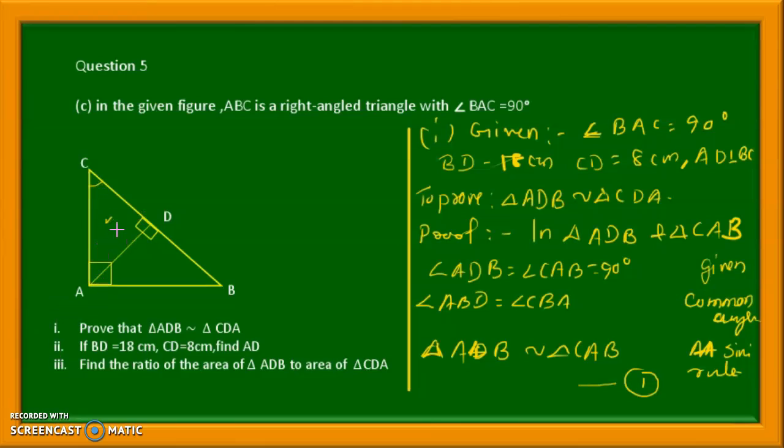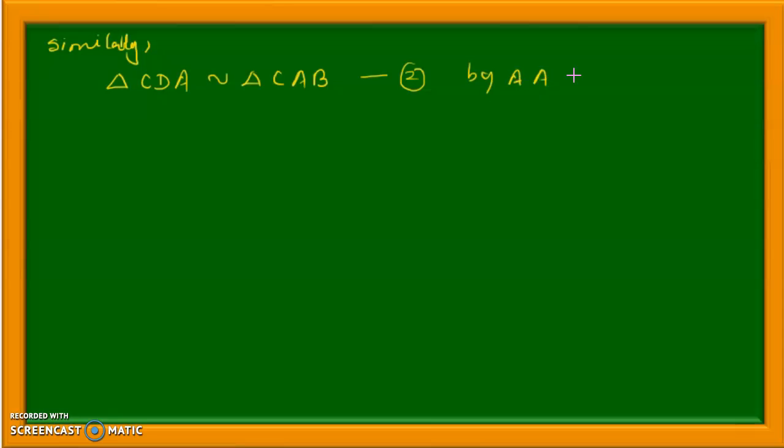So this triangle and the big triangle are similar. Similarly, which two triangles are similar here? Triangle CDA similar to triangle CAB. This is the bigger triangle. I am writing here equation 2. This is also by AA similarity.